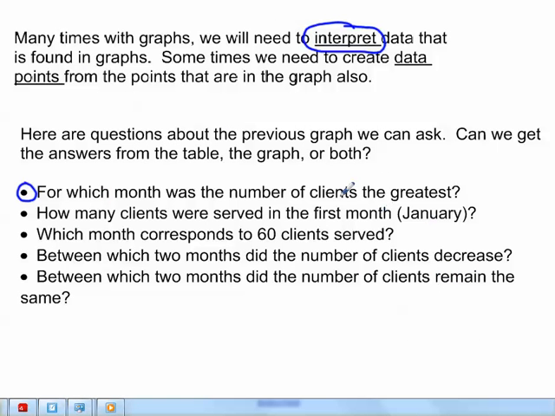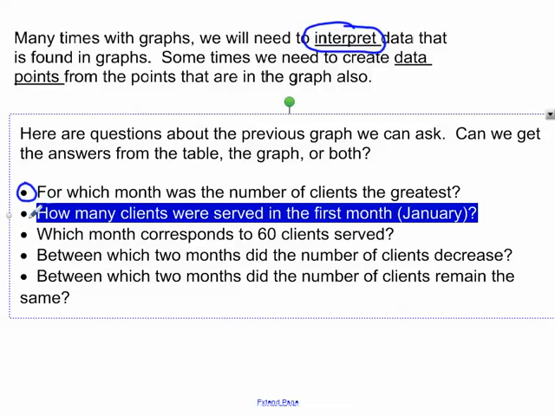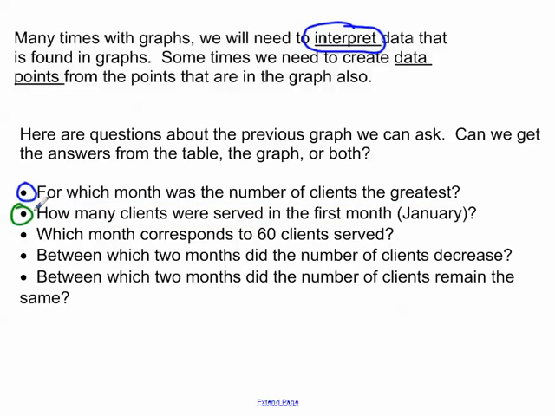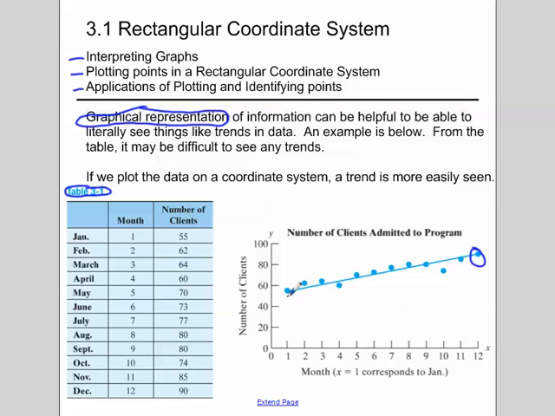A different question might be: how many clients were served in the first month, in January? Let's go to the graph. Here's our first month. It corresponds to, let's see, here's 50, because here's 40, here's 60, and halfway between is 50. Is it 54, 55, somewhere in that range? It's really not that specific, because the scale on this axis is pretty big.